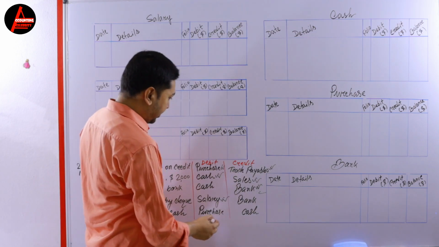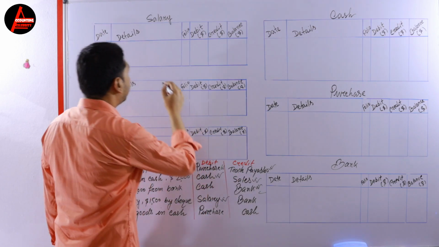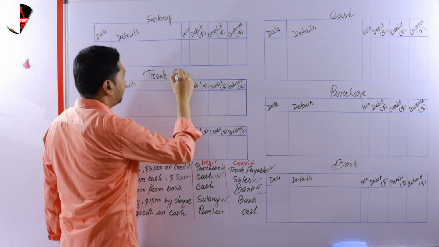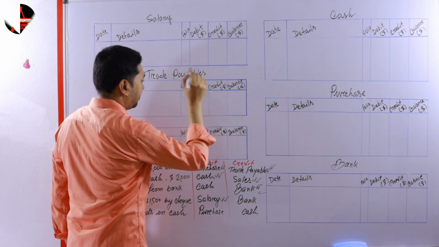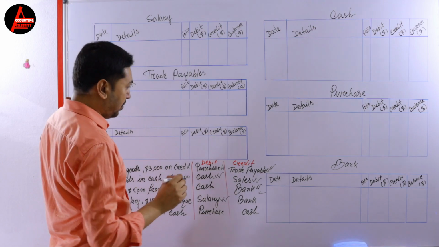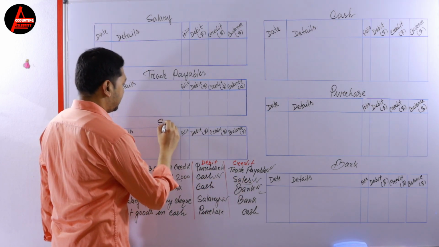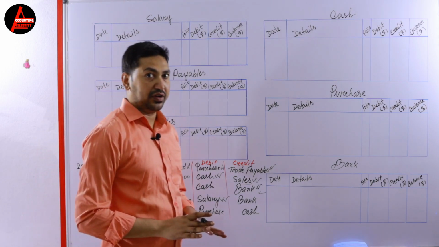Then we have trade payables. Last we have sales, right here sales. So these are the 6 ledgers we have here.